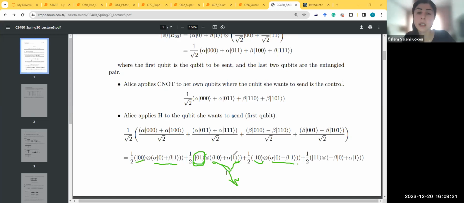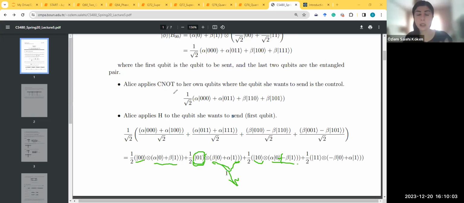And if Asya gets 1, 0, she tells Balvis, and then Balvis applies a Z gate, so that this becomes alpha 0 plus beta 1. Therefore, in this protocol, we also need to send 2 bits of classical information. Hence, again, this is not faster than the speed of light, because we also need to send some classical information.